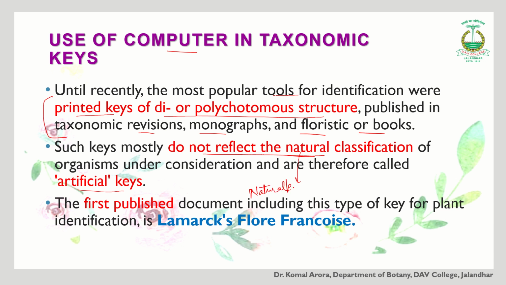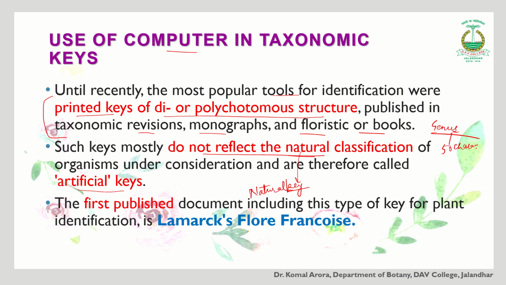Why? Because we all know that constructing a key is a difficult task, and the more the number of characters considered, the more complex it becomes. So you cannot have the data of all characters known. For example, let's suppose you are preparing a key for different species of a genus, and you have enlisted a total of 50 characters.